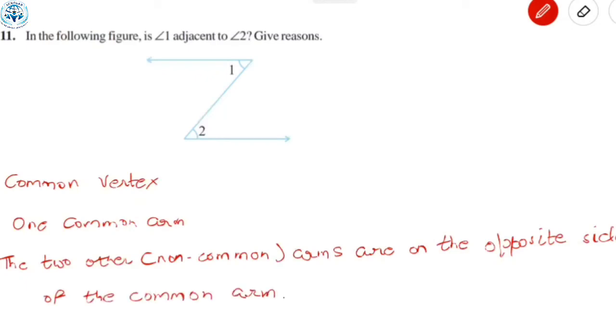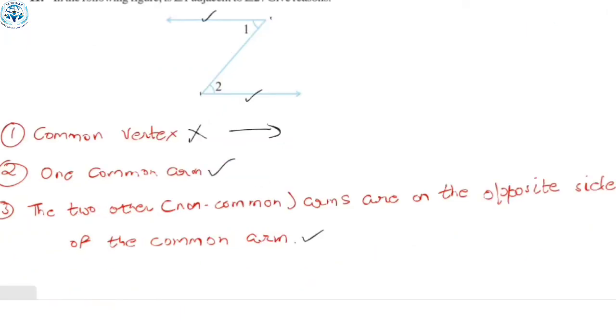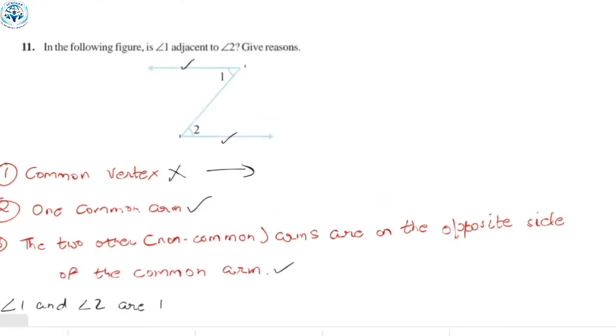These two angles do not have a common vertex, though they have a common arm and the other two arms are on the opposite side of the common arm. So two conditions are satisfied, but still they cannot be called adjacent because they don't have the common vertex. That means if all the three conditions are not satisfied, the angles are not adjacent.